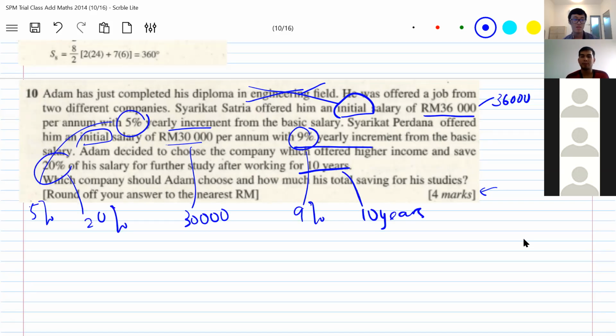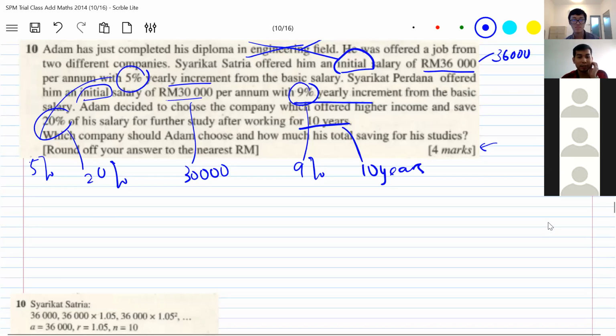There you have it. You only have 2, 4, 6 numbers, okay? And some of them come hand in hand, like 36,000 and 5%, and then it's repeated with 30,000 and 9%. And then you try to see what you can do from there.